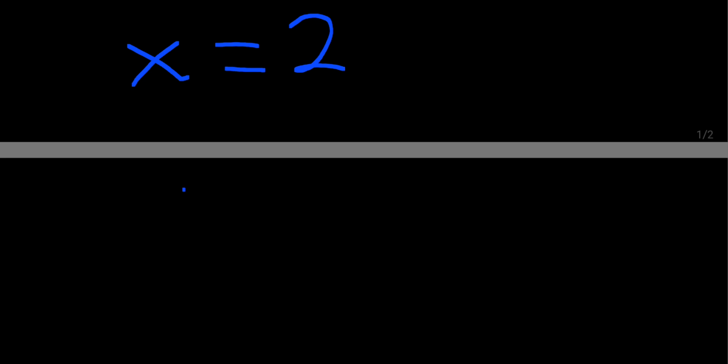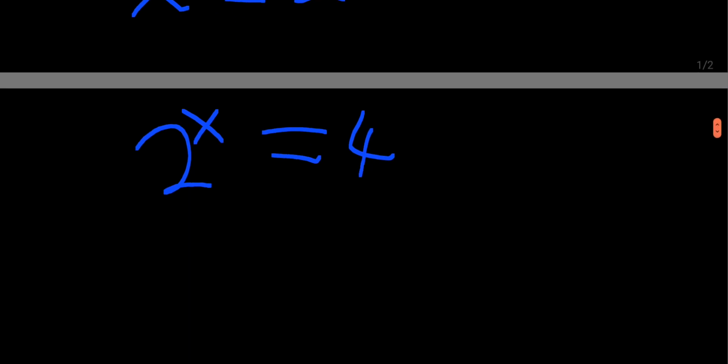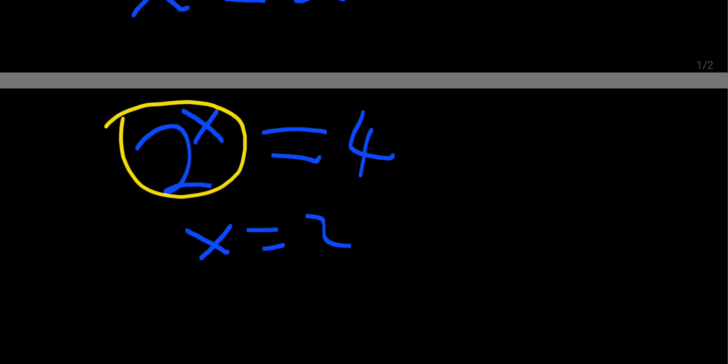You can cross-check and see if your answer is correct or not. So this is the problem: 2 exponent x is equal to 4. And we say that the value for x is what? 2. So let's substitute the value of x equal to 2 in this to see if we are going to get 4.